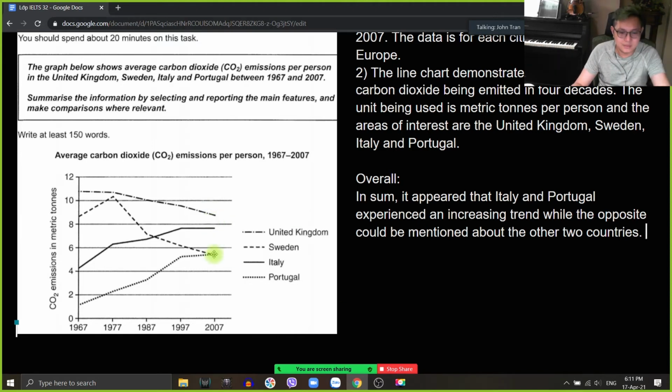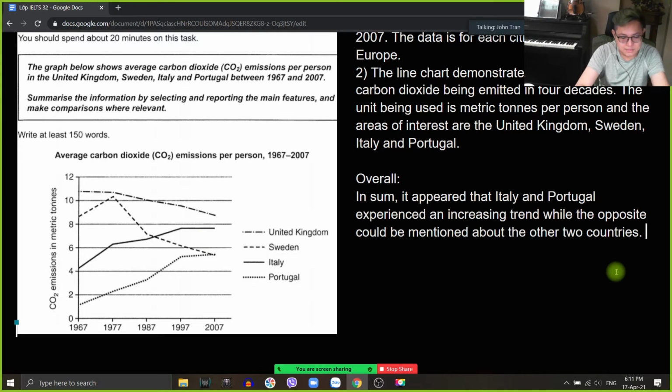Và chỗ này thầy sẽ nghĩ là nó đang tiến đến một cái con số trung bình là 7 metric ton thì nó nghe nó ổn hơn đấy. I think if I mention that these line graphs are on the path to converge to about the values of 7 metric tons, that seems to be a good overall, I think. Not too detailed, không có quá là phức tạp, không có quá là chi tiết.